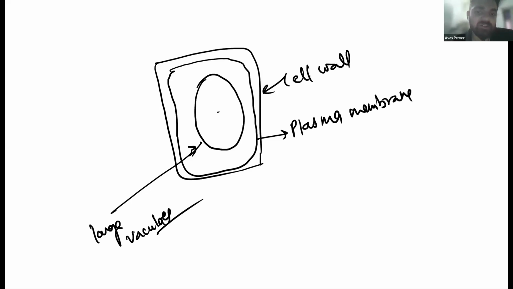There is water present in it, so it provides turgidity. Turgidity means hardness to the plant.